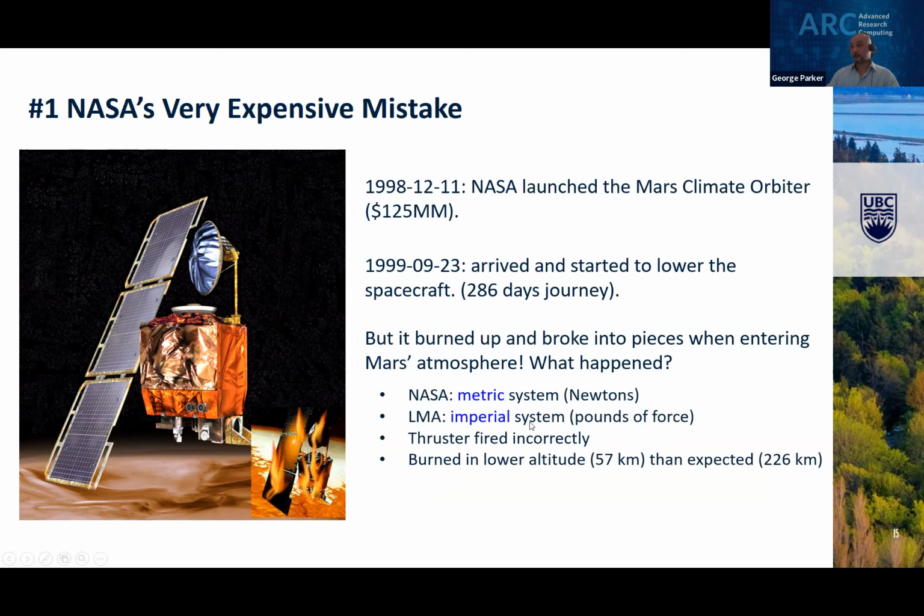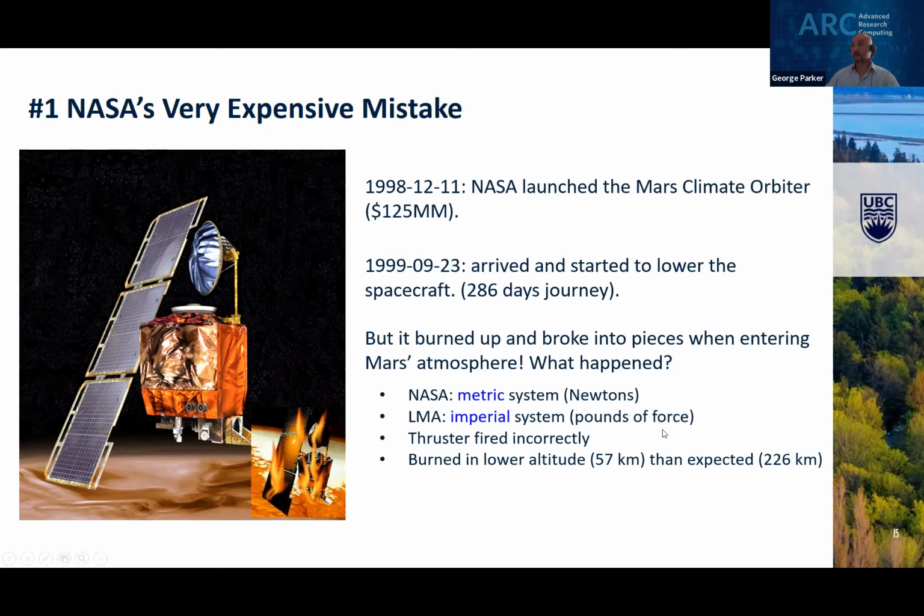NASA uses the metric system. LMA, who is the designer and the builder of this orbiter, used the imperial system, and the difference of this unit of measure was not documented. So the navigation signal sent from Earth was in Newtons, while this orbiter responded in pounds of force.